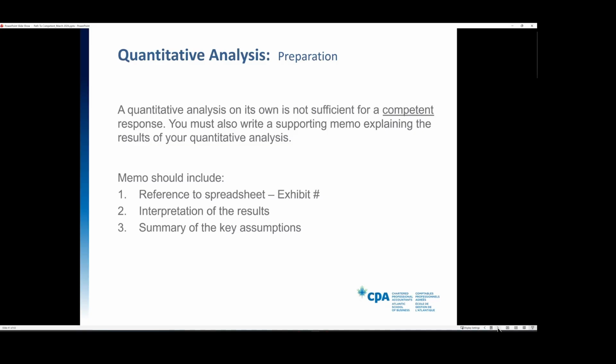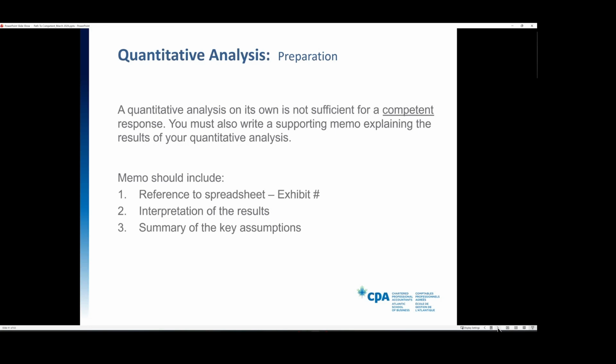You need to state what the result is. So if the NPV is positive 100,000, then you put NPV is positive 100,000. You need to interpret that result. So what does that mean? You can state, in a very quick sentence, that based on the quantitative analysis, this is a viable option.